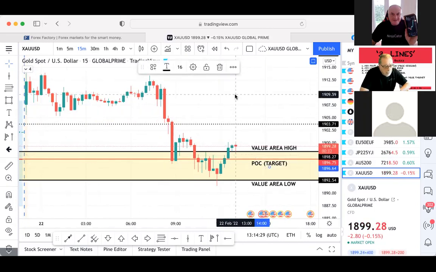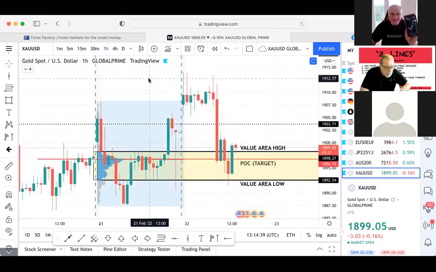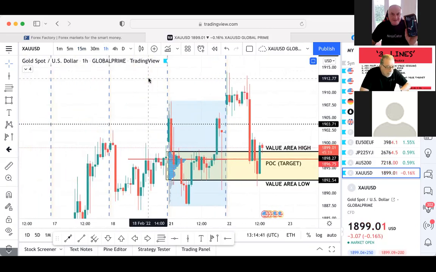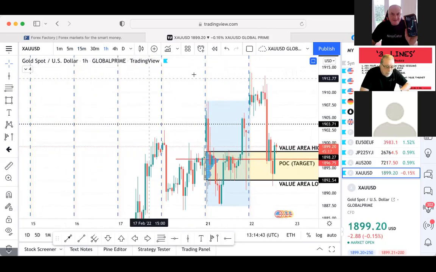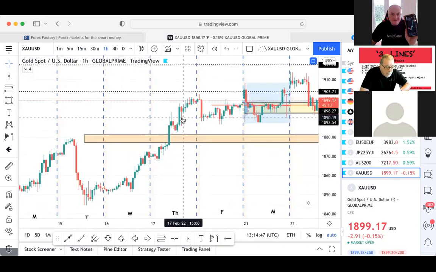So first thing I do, before I take a trade, I will look at this chart and I'll go back. I'll look at the 1 hour chart and I'll go back and see. I'll just reset that. There we are.